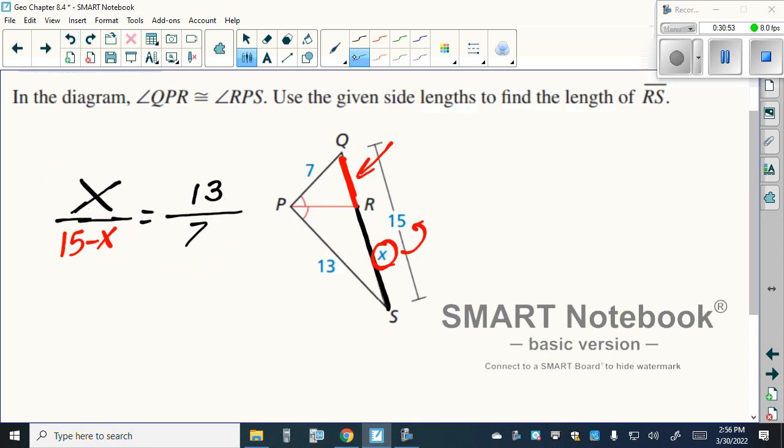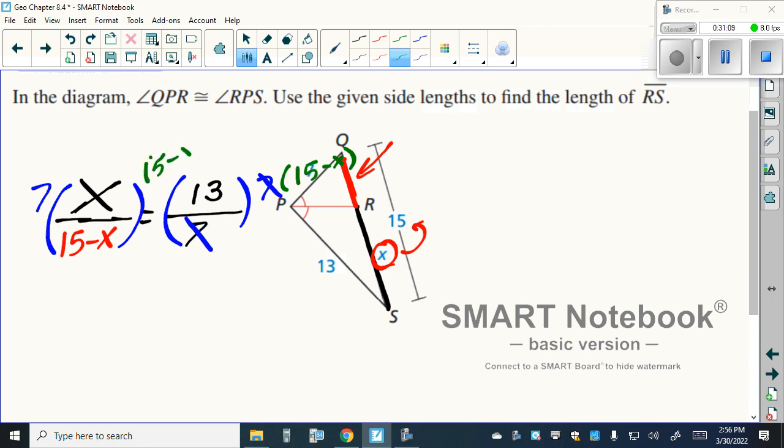What we're really doing is multiplying both sides by 7, and the 7 and 7 will cancel out. Now, I also need to multiply both sides by 15 minus x. Because when I do that, these two will cancel out. That's what that method is, essentially, for us to cancel out the denominators.